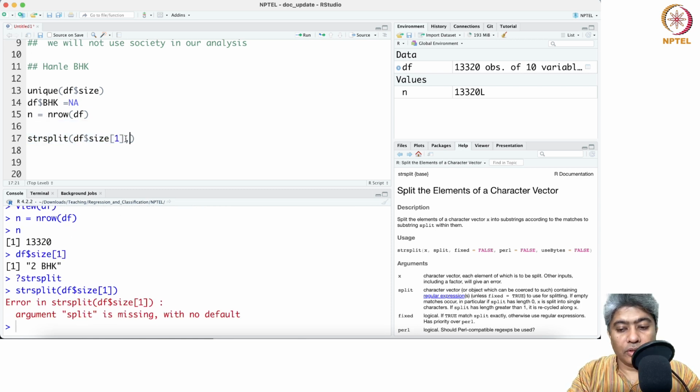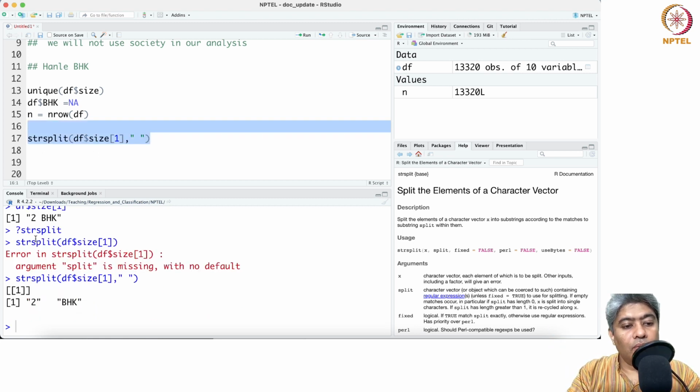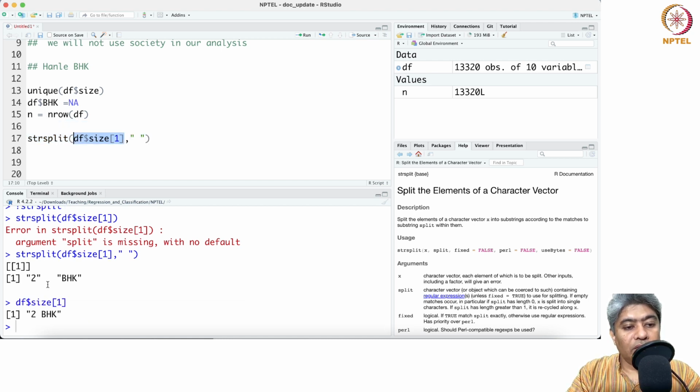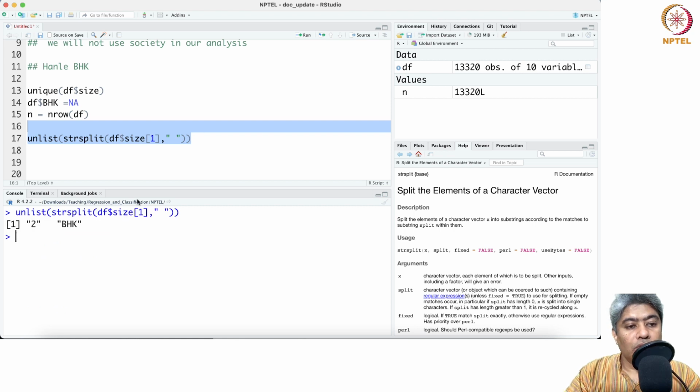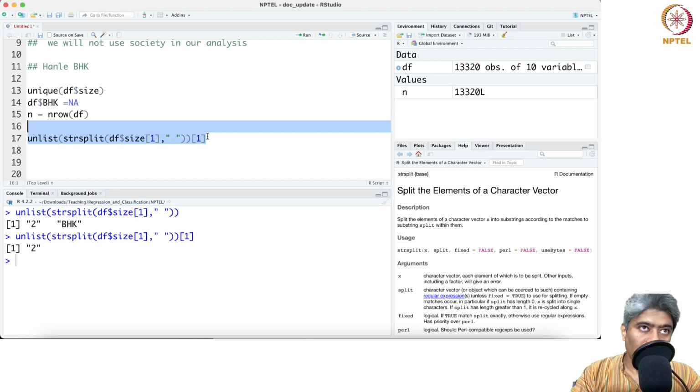Oh, I have to give by what it should split. Now you can see my original df size, 2 BHK, is split into 2 and BHK. But it has been kept as a list, so we have to unlist it. Now if you unlist it, the first element is 2, the next element is BHK. If we put 1, it will give me the first element, which is 2.